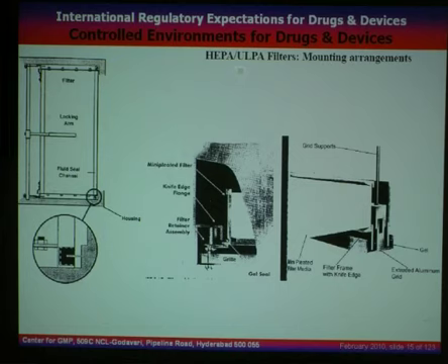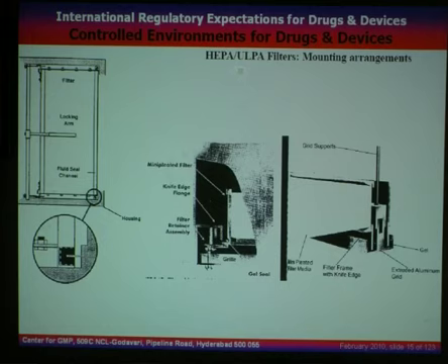Now, in his book Cleanrooms, designed by Dr. Bill White, he has shown two very interesting designs for mounting frames. One featuring a knife edge if it is a gasketed filter, so that the knife edge protrudes into and presses against the gasket and effecting a very strong seal thereby.